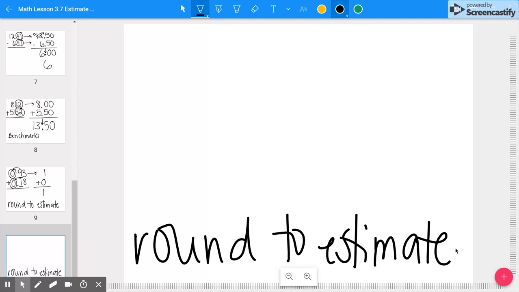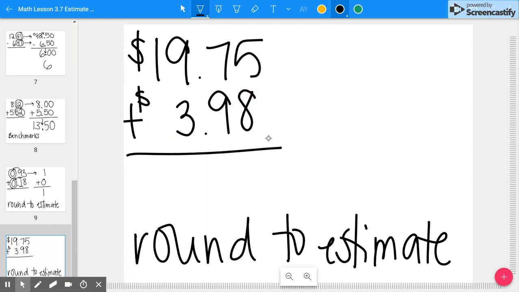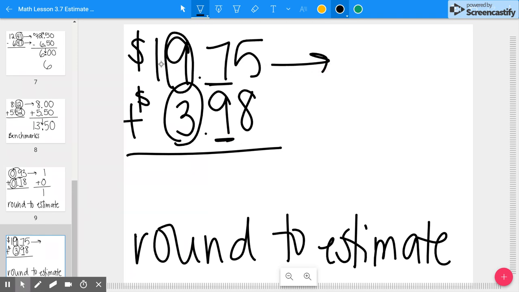So if my problem says $19.75 plus $3.98, I'm rounding to the nearest whole number. I'm going to circle the number in the whole number place value and underline the number to the right of it. So this one, I'm actually going to keep the 1 here, I think.